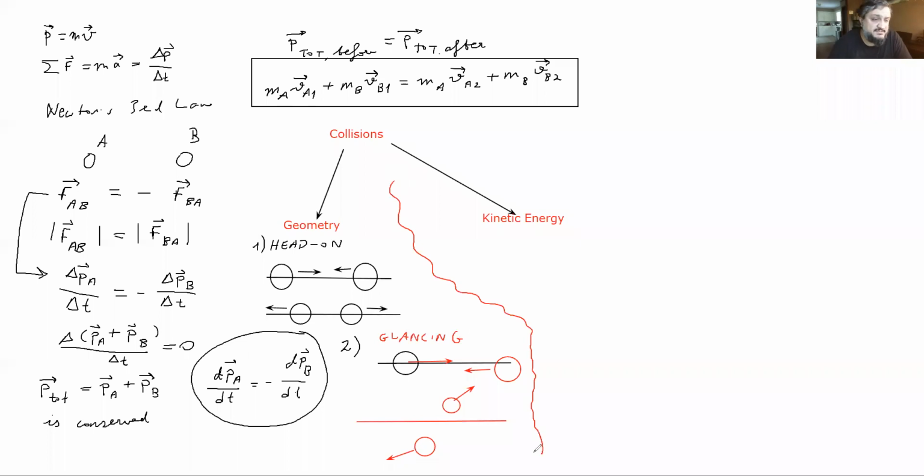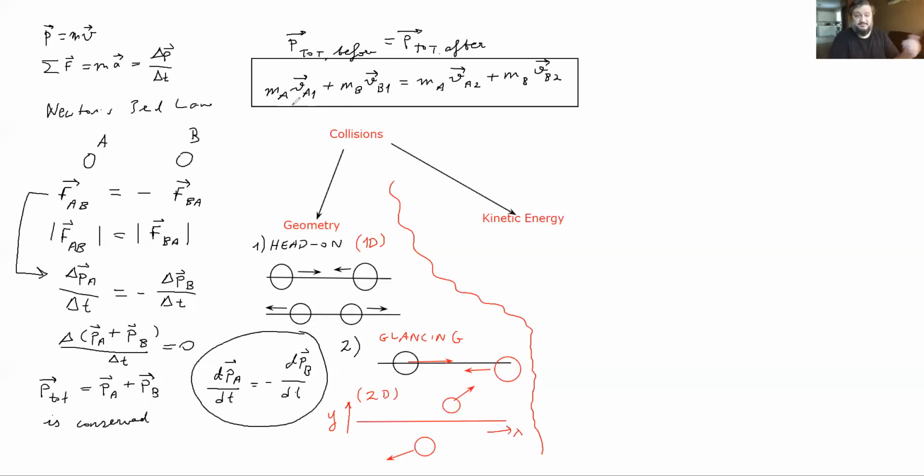Head-on versus glancing. Head-on is a one-dimensional problem. This is 1D. A glancing is 2D. So there's X and Y, okay? So if I want to take my momentum conservation equation and apply it to a head-on collision, all I need to do is pretty much to drop these arrows, and if the velocities are to the right, they're positive.